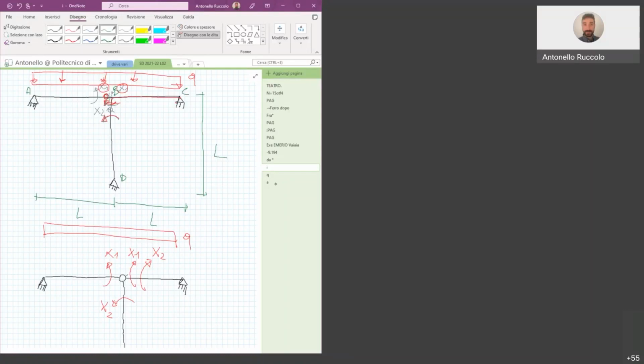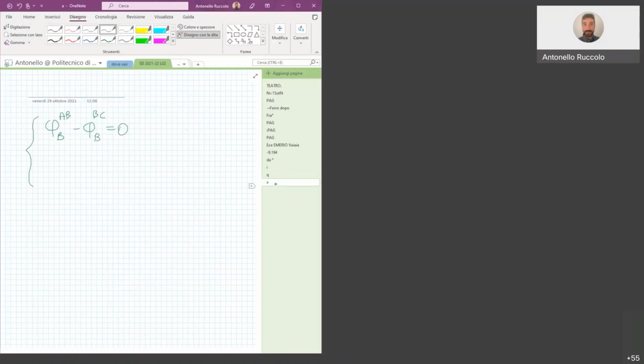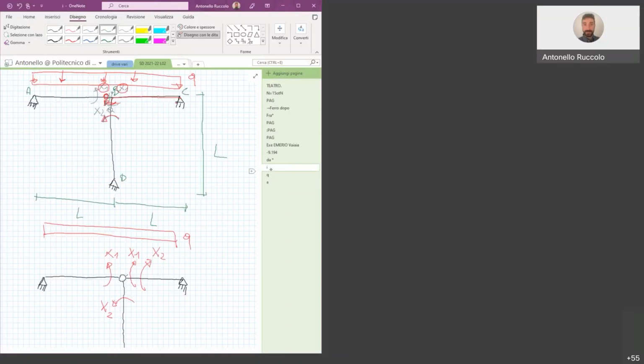So let's go back to our compatibility equation, and this is what we have. Then we have the second one, which states we want to remove this hinge. So we want to say that the rotation in the node B of the beam BD minus the rotation in the node B of the beam BC has to be equal to 0.